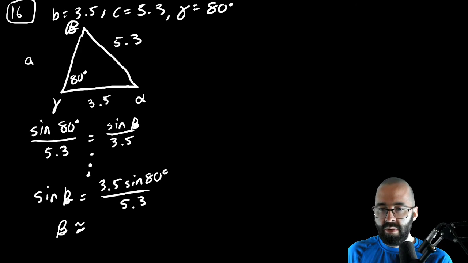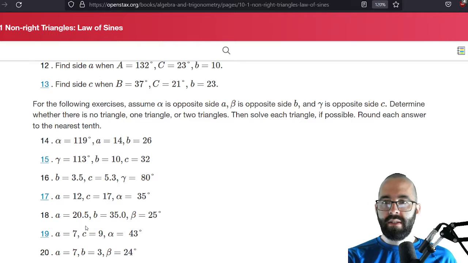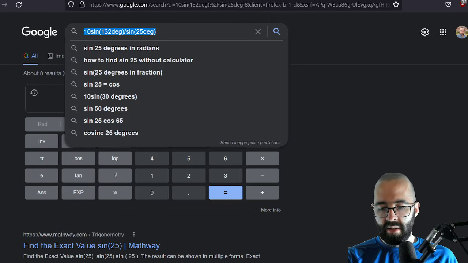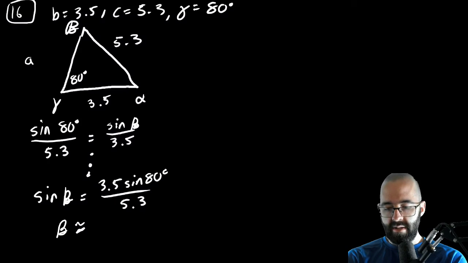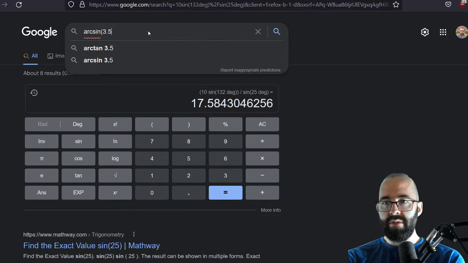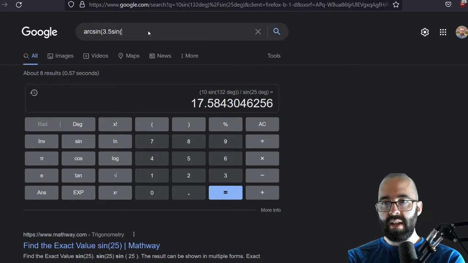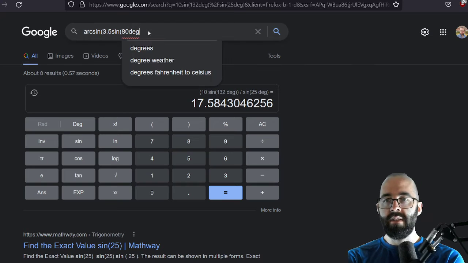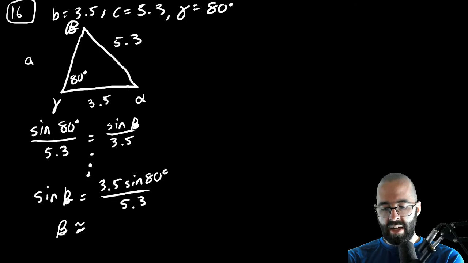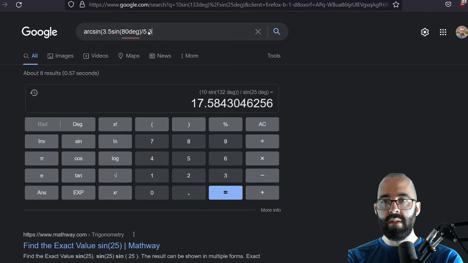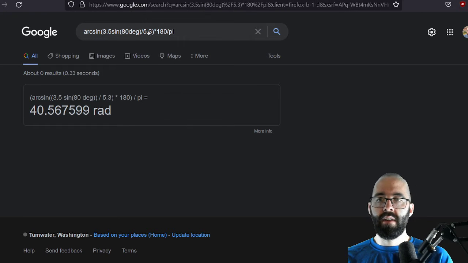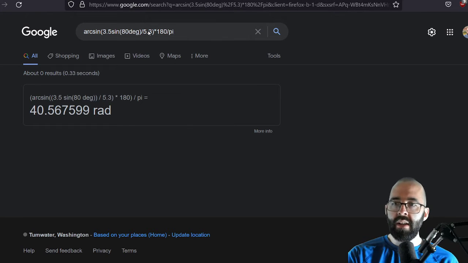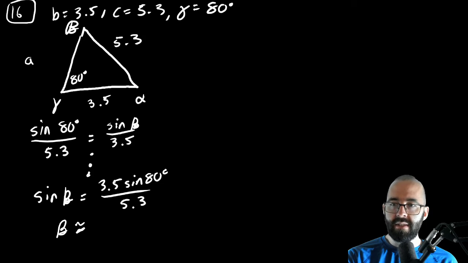Let's use inverse sine or arc sine to find what beta is. So beta is going to be the arc sine of 3.5 times the sine of 80 degrees divided by 5.3. And we want that in degrees. It's about 40.5676.